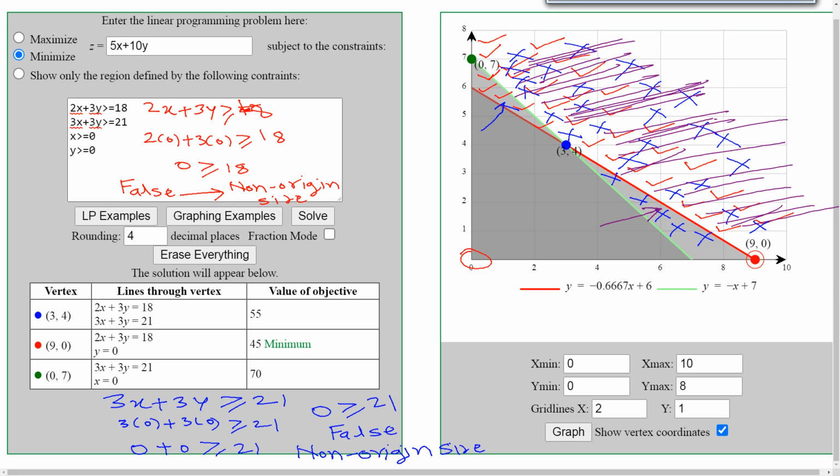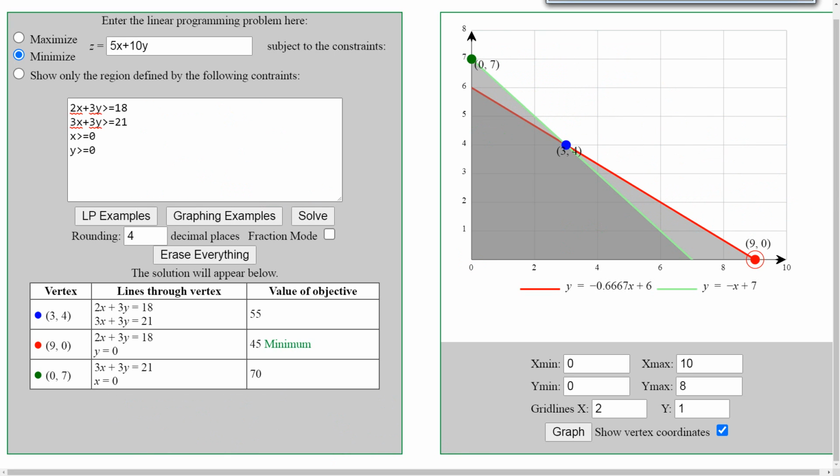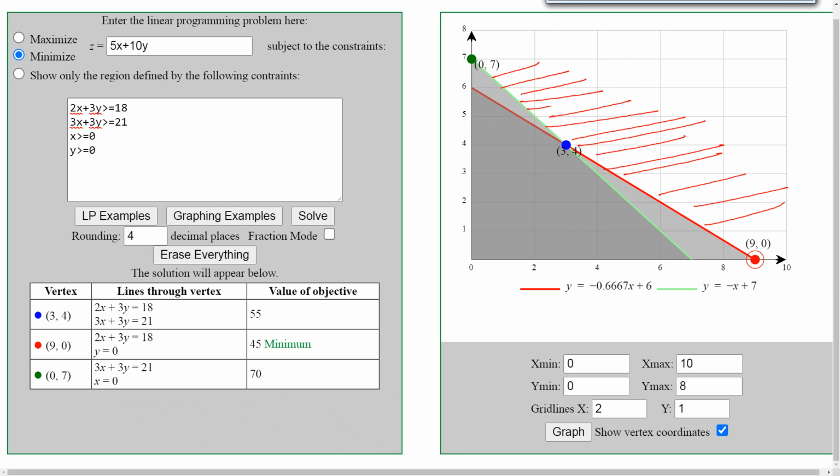In order to clearly understand, let me erase this. Whatever is in white color, that shaded portion, is the common feasible region. So the second step is over, that we have determined the common feasible region.